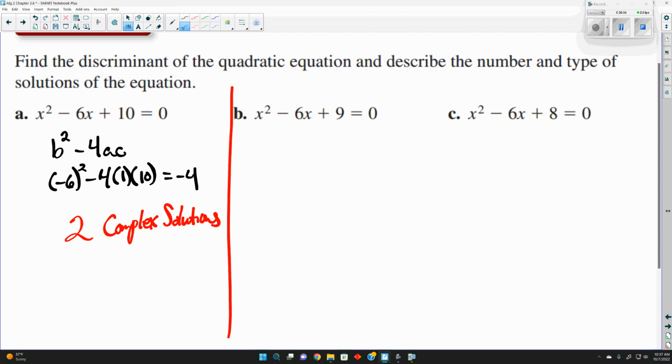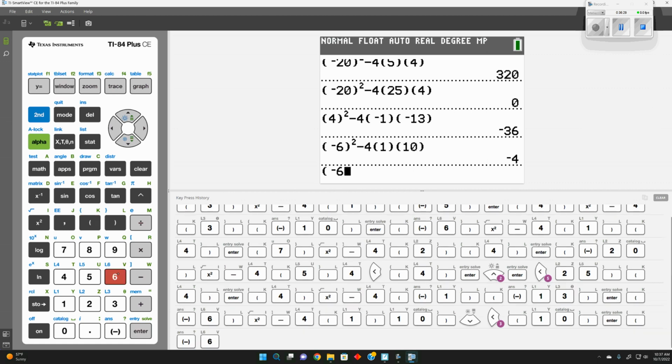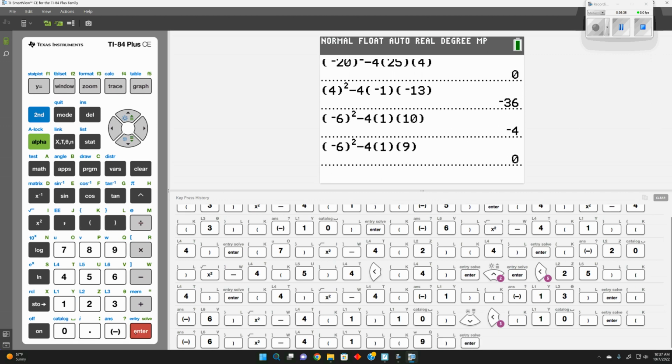Questions on this here? Let's look at the next one, b squared minus 4ac. And again, our b is still negative 6, minus 4, a is 1, but this time c is 9. So we're doing negative 6 squared minus 4 times 1 times 9, which gives us 0.